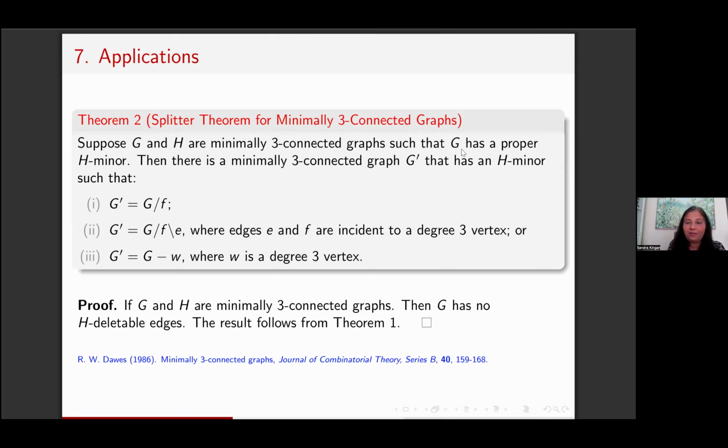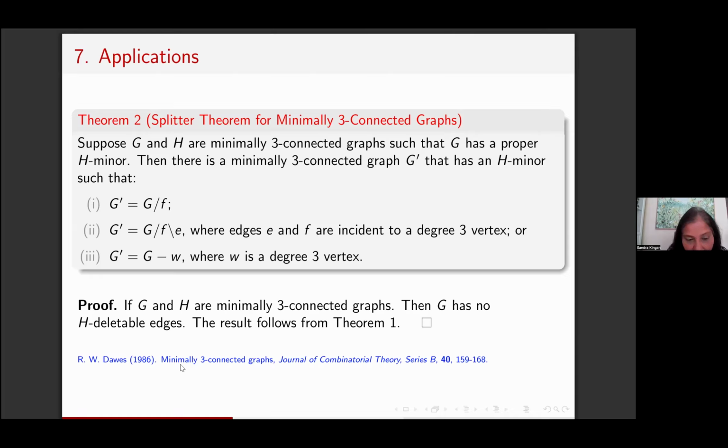Then you can find a smaller minimally 3-connected graph, also with an H minor, that is obtained by contracting or deleting an edge in a specific manner, or just throwing out a degree 3 vertex. And it follows directly from this: if G and H are minimally 3-connected, then trivially G has no H-deletable edges.